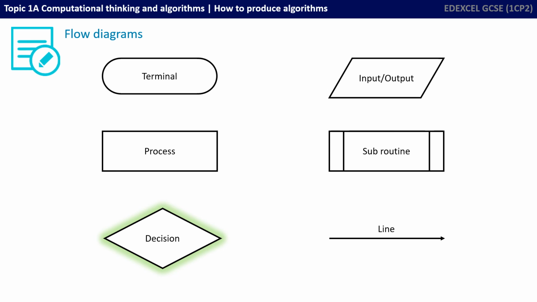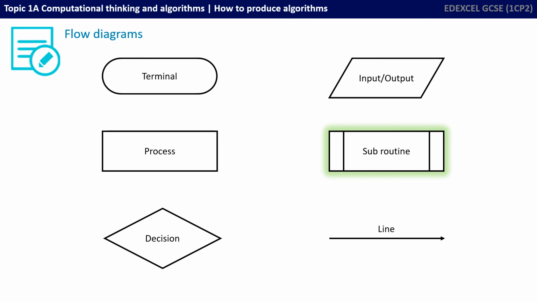You have a decision symbol, and this shape represents the decision. It will have a yes or no, true or false outcomes, which will be represented by 2 separate lines or paths exiting the shape. Then you've got an input-output shape, and this represents the input and output of data to the algorithm.